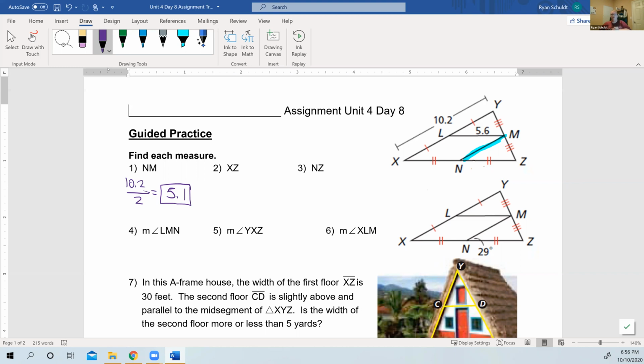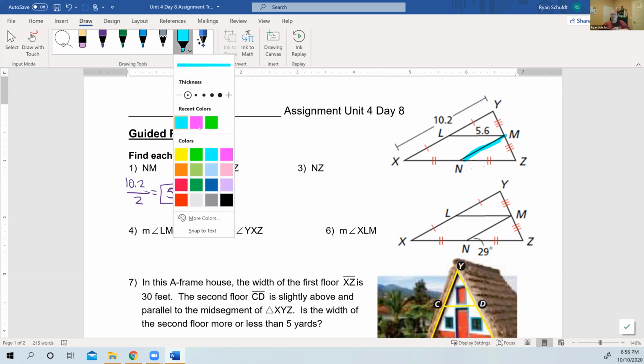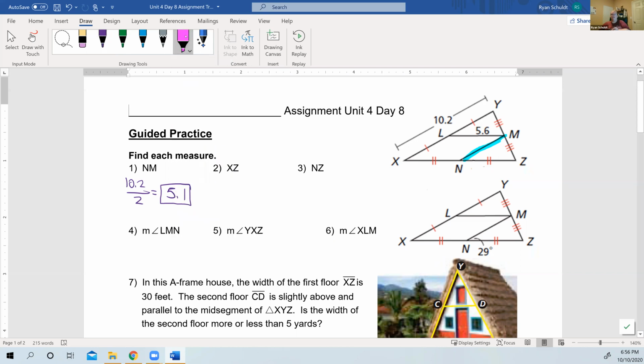Okay, number 2. Number 2 asks about XZ. So that's going to be this whole segment right here. Well, again, do we have a mid-segment that's parallel to it?